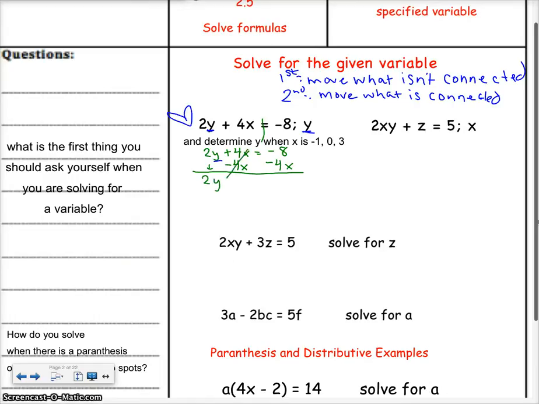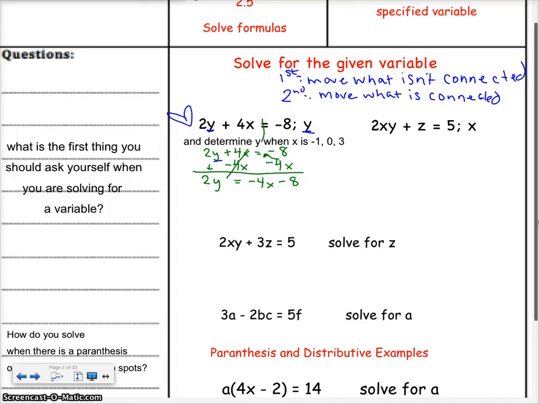The x's cancel. You can't combine these because they're not like terms, so I just put my variable in front. That's getting you ready for graphing a line in chapter 5. So you're going to write this as negative 4x minus 8.